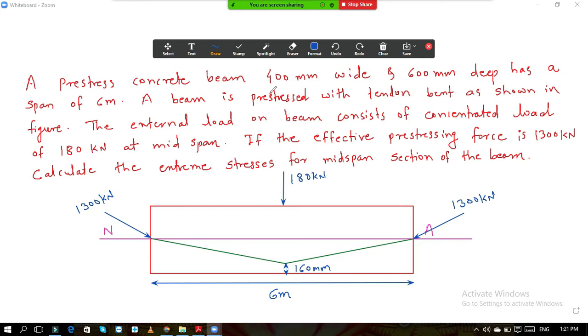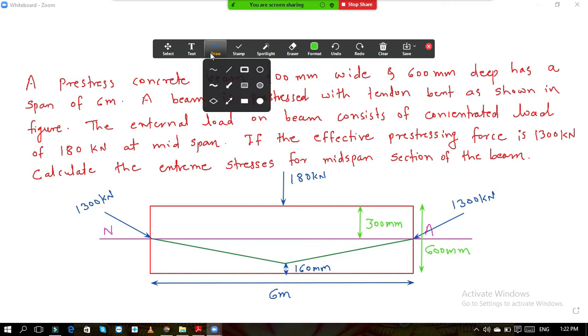The depth means this much distance, this is your 600 mm. Half of that, up to this point, which is the centroid, will become 300 mm. And at the bottom also 300 mm, so from here to here it is also 300 mm.